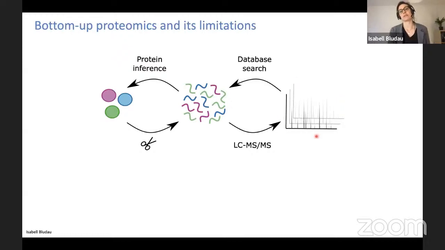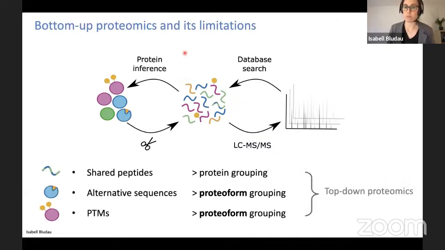And from this data that we generated, we have a computational workflow first back to the peptides by database search or DIA analysis, followed by a protein inference step where we map peptides back to the parental proteins. So while this is fairly simple, if you imagine that each protein would have a unique set of peptides, in the real world proteome, this is much more complicated.